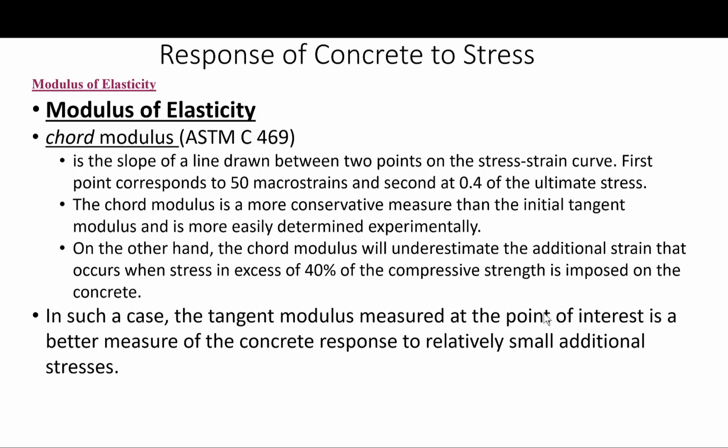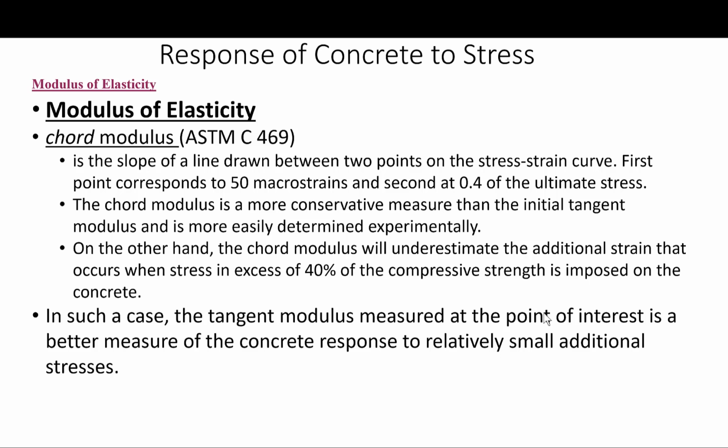The chord modulus and the secant modulus are determined at 40% of the compressive strength, and will not be very different. So remember that. Although the chord modulus will be more precise in this case.